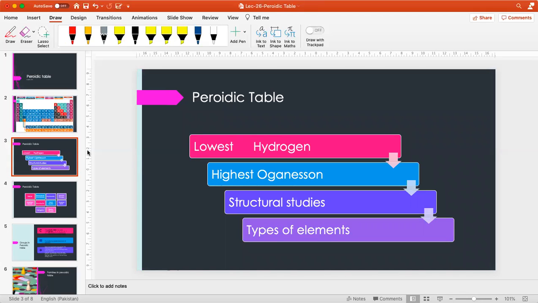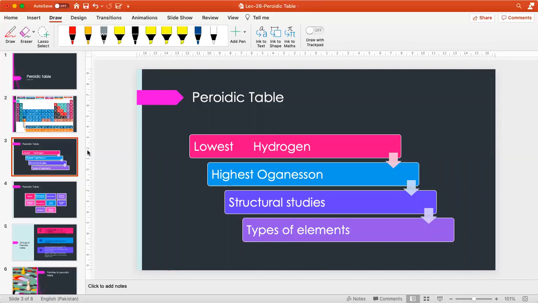So let's talk about the periodic table. The lowest element on the periodic table is hydrogen. It has atomic number 1. The element with the highest atomic number is organesson, a synthetic element, not a natural element, and it has some radioactive properties.